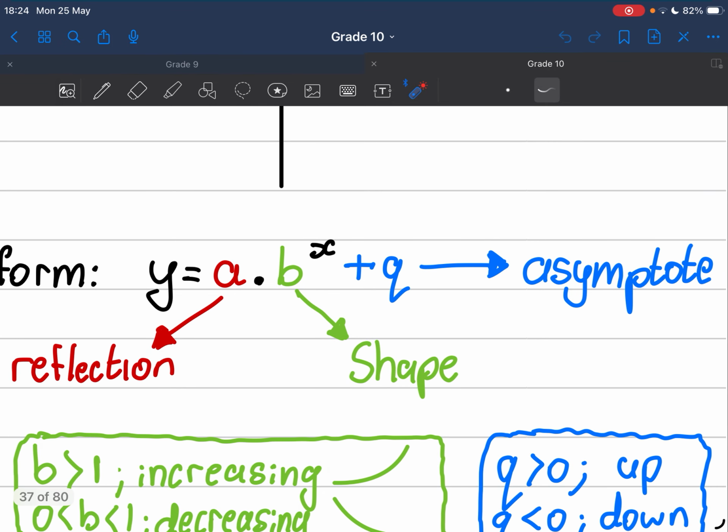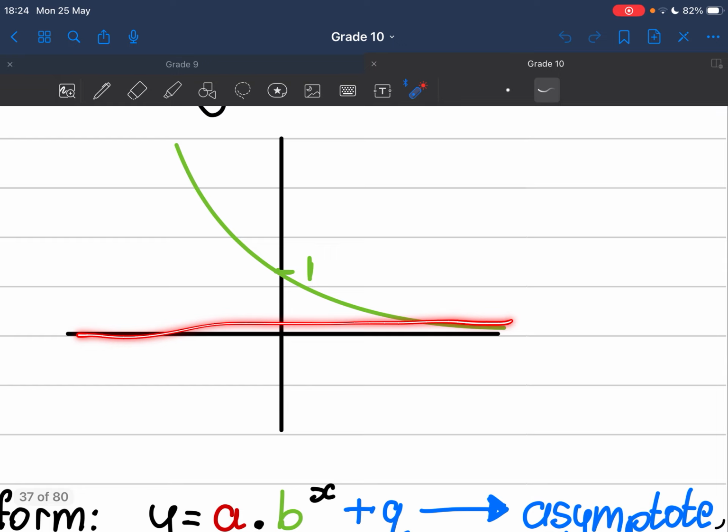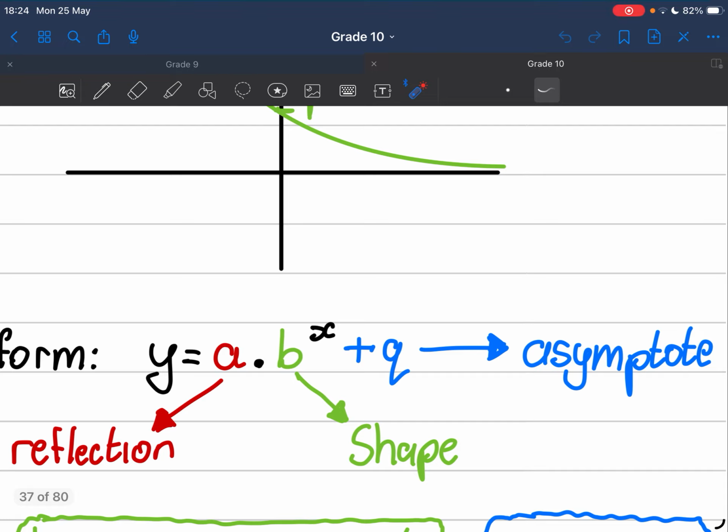The q value is the asymptote. It moves your graph up or down by moving the asymptote. Remember, we said the asymptote is the x-axis. So in this case, the asymptote is y equals 0.